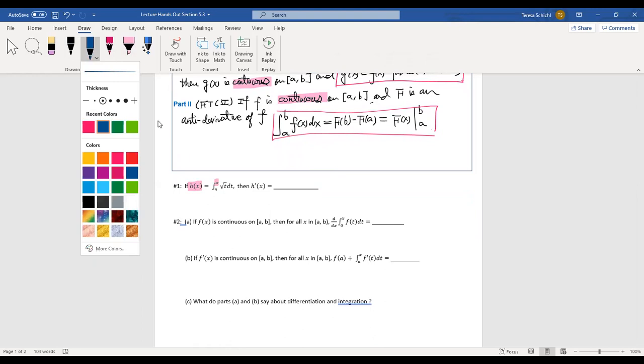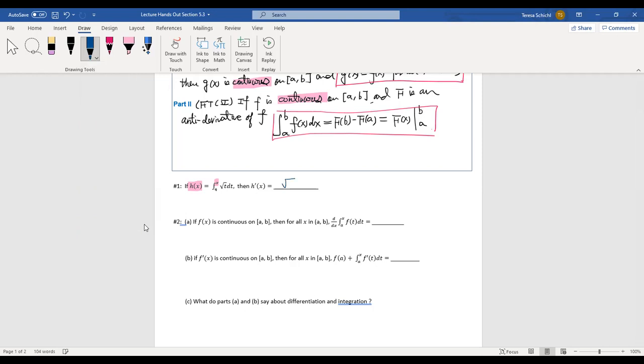What is the derivative of h of x? h of x is the integration here, then you take the derivative. What is the value of this one? It would just be the same, like you put the x into your function. So it will just be the square root of x.